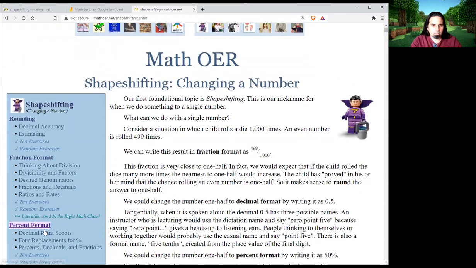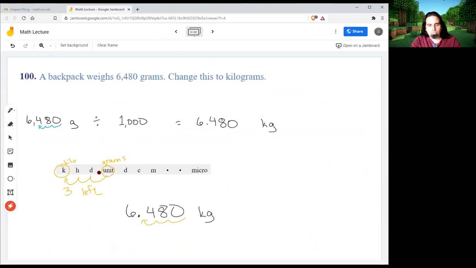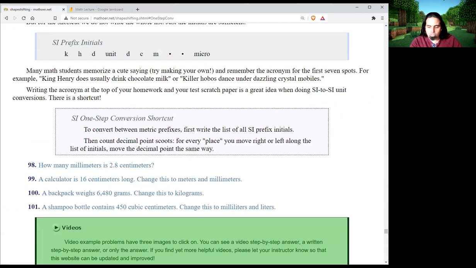We had seen yesterday how decimal point scoots always, with these tens and hundreds and thousands, times and divided by, just scooted the decimal around. So that's why this trick works. Okay, I skipped over some. Let's have you do them to make sure you understand the trick.